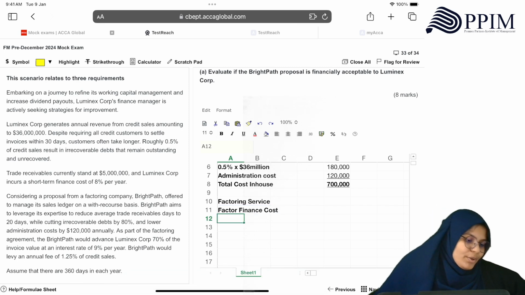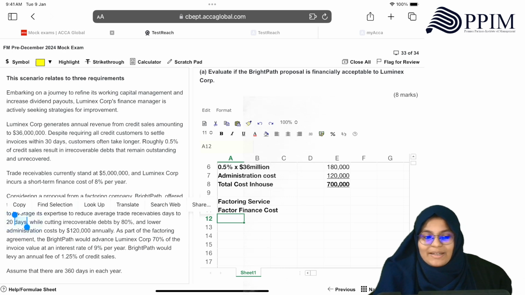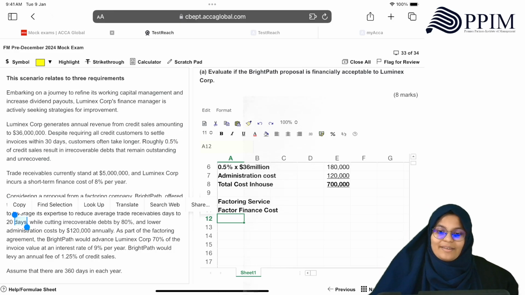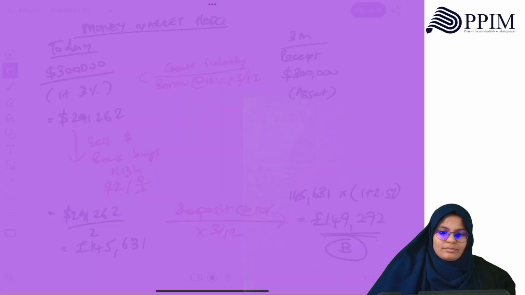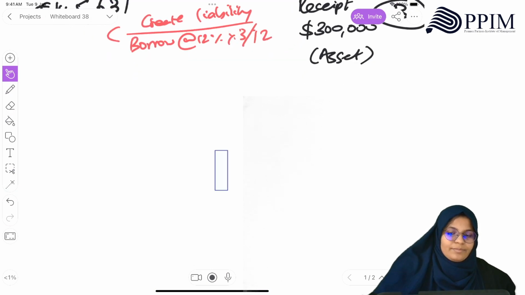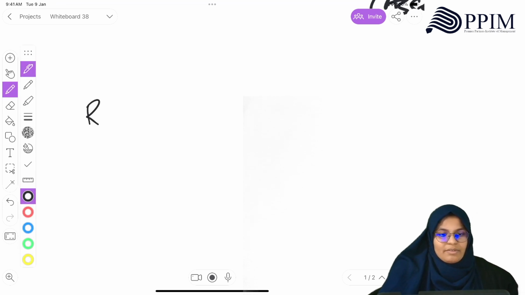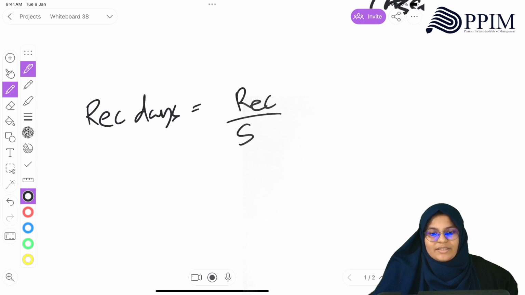Okay. So if you look at the factor finance cost, they are telling me they are going to make it 20 days now. So the receivable days is going to become 20. So I can calculate the receivables using that, right? So the equation is this. Receivable days equals receivables over sales into 360, they told me to use 360.